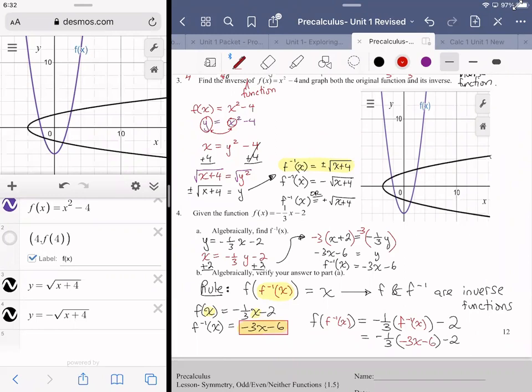Then we simplify. And if we come up with anything other than an x as a result, then these two functions were not in fact inverses of one another. All right. So distribute. I'm looking at x plus 2 minus 2. 2 and negative 2 cancel away, so we get a result of x. All right. So we would say that it is verified.